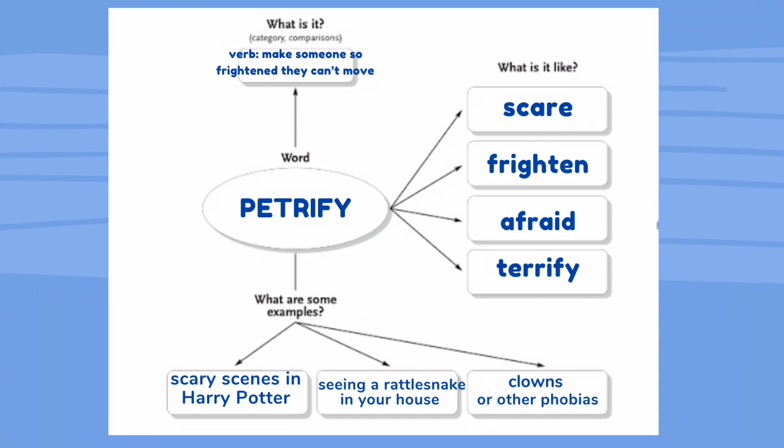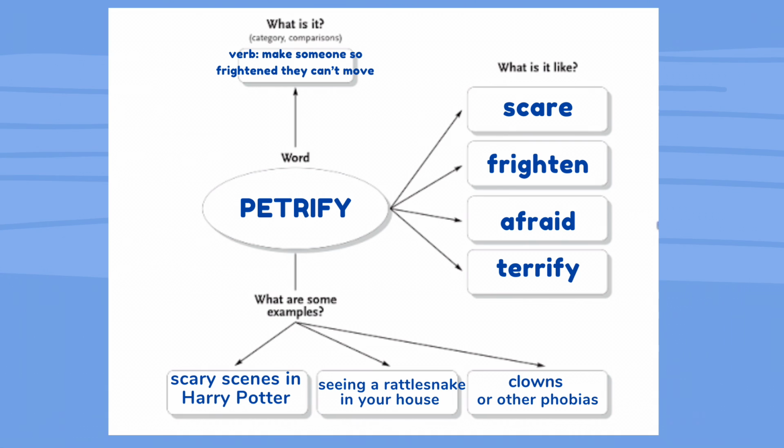So here we have an example of a word map using the word petrify. So what is it? We have the definition there because I know what petrify means, but your students may put something different. I have what is it like? So in this case, some synonyms for it: scare, frighten, afraid, or terrify. And what are some examples?